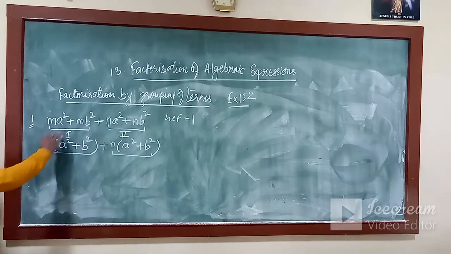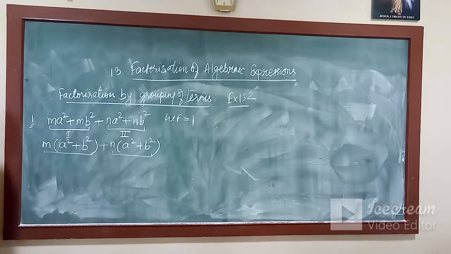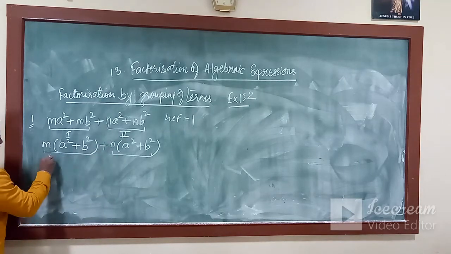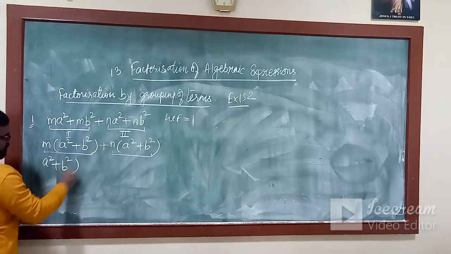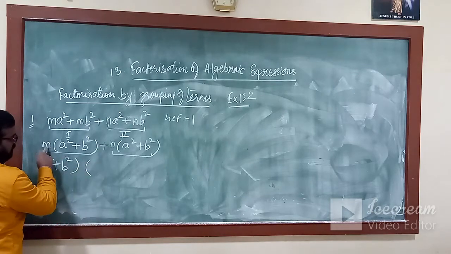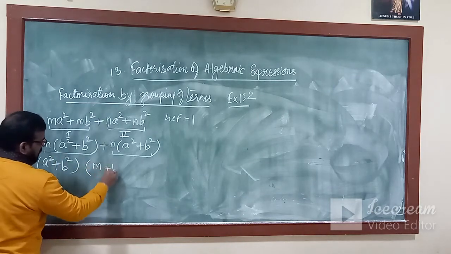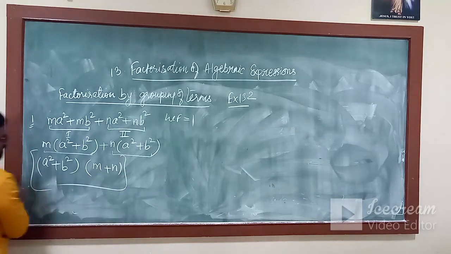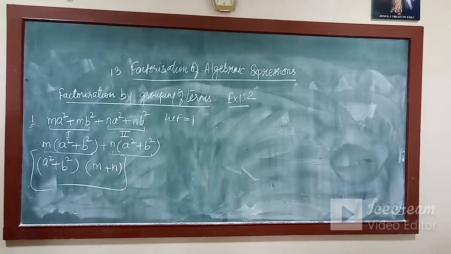So we have reduced these four terms into two individual terms now. Now in this, only this a square plus b square is common. A square plus b square will come out, and what is left inside? m plus n. Okay, so this is our factorization. So where will we use grouping of terms? Whenever you see the HCF of the individual terms is actually equal to 1.